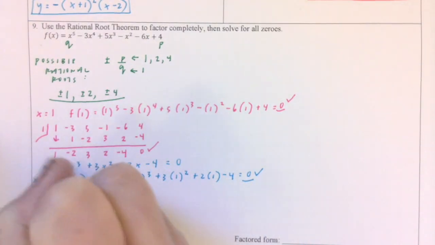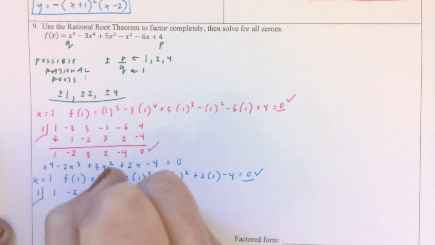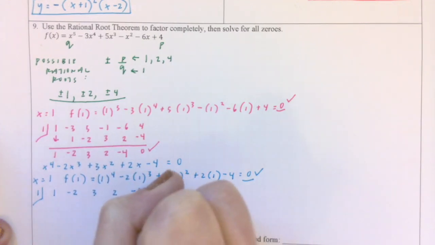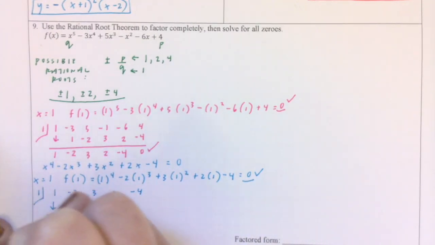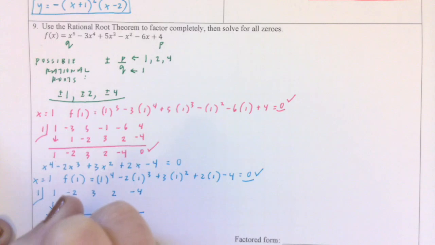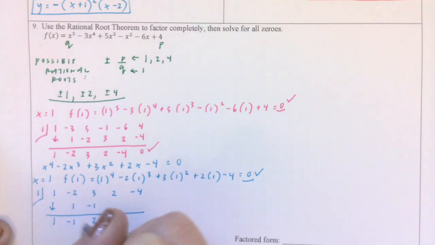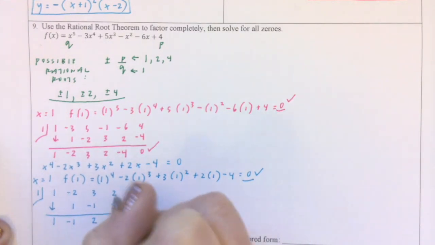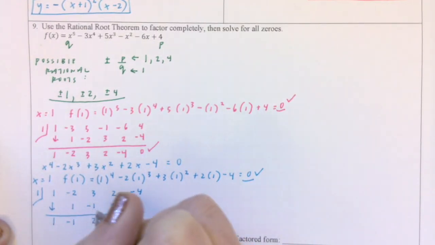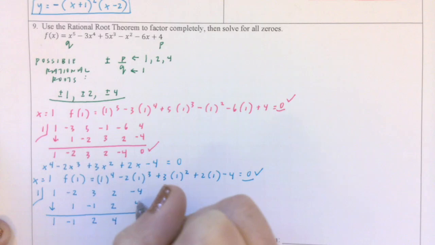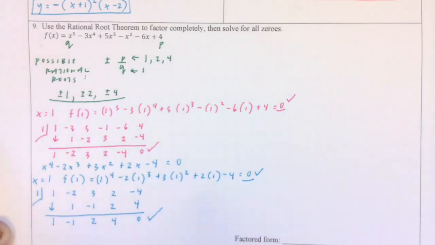So here I have 1, negative 2, 3, 2, and negative 4. All right, bring down the 1. Multiply. Add down. Multiply. Add down. Multiply. Add down. Multiply. Add down. Just confirms it.